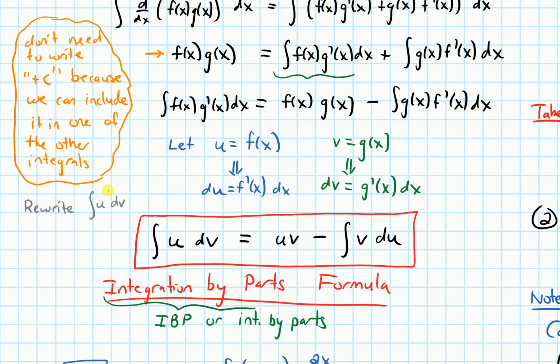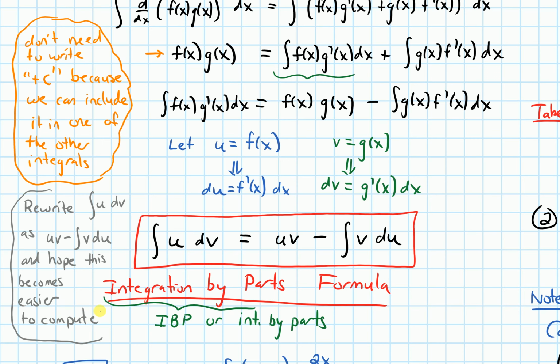But we're trying to rewrite this integral on the left-hand side as uv minus the integral of v du, and hope this becomes easier to compute than the integral that we started with. Okay, so that is sort of our overarching goal when we apply this formula. Let's look at an example.